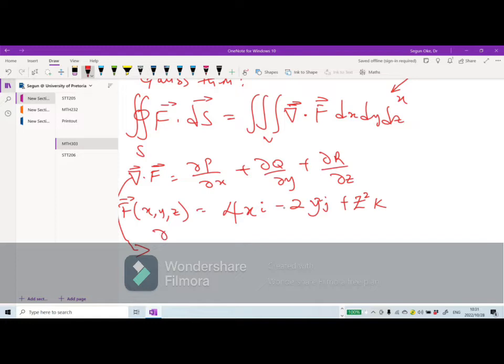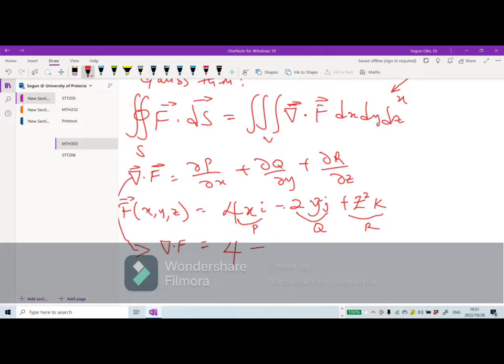Our divergence of F now will be what? Differentiate this with respect to, this is our P, this is our Q, and this is our R. We differentiate this with respect to x, you have 4 minus.